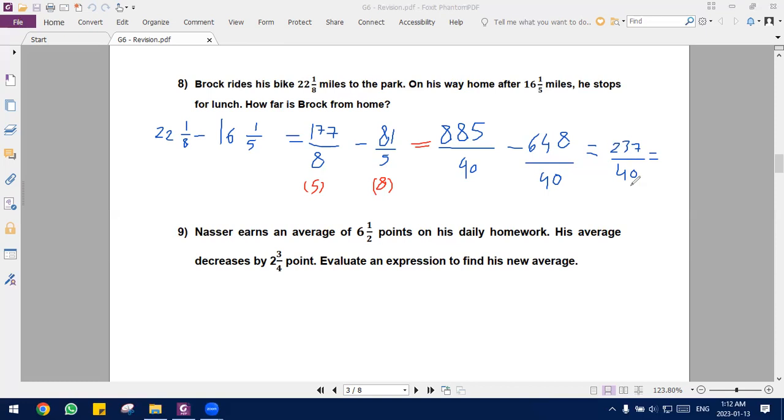So 200 divided by 40 is 5. And then what's the remaining? 37 over 40. So it's 5 miles and 37 over 40. This is what is left.